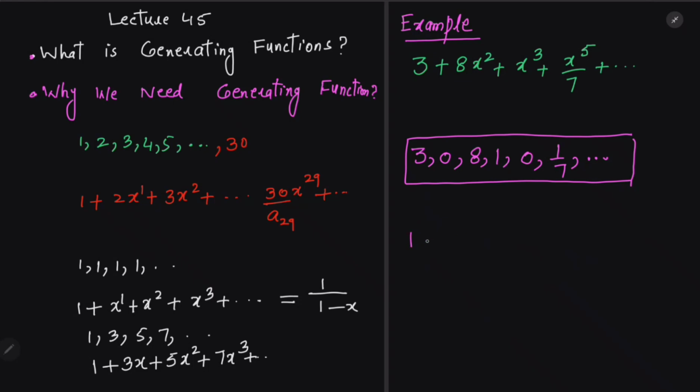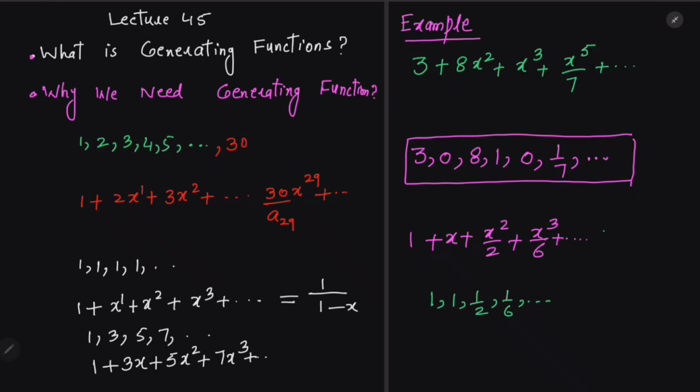Suppose we have 1 plus x plus x^2 by 2 plus x^3 by 3 factorial, which is 6, and so on. Suppose this is the generating series. It is also a power series. The sequence in this generating series is 1, 1, 1 by 2, 1 by 6, and so on.